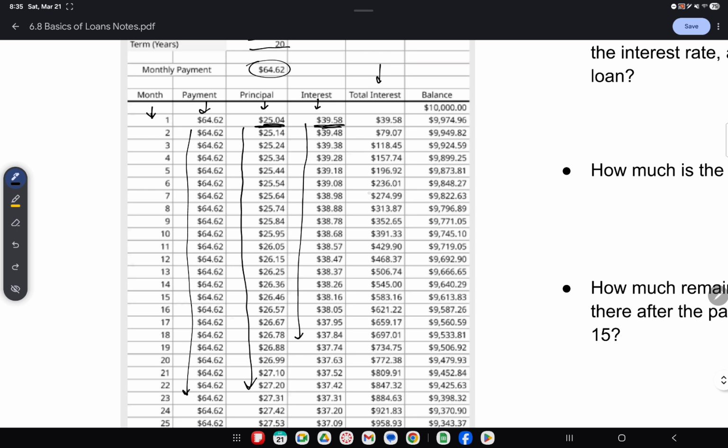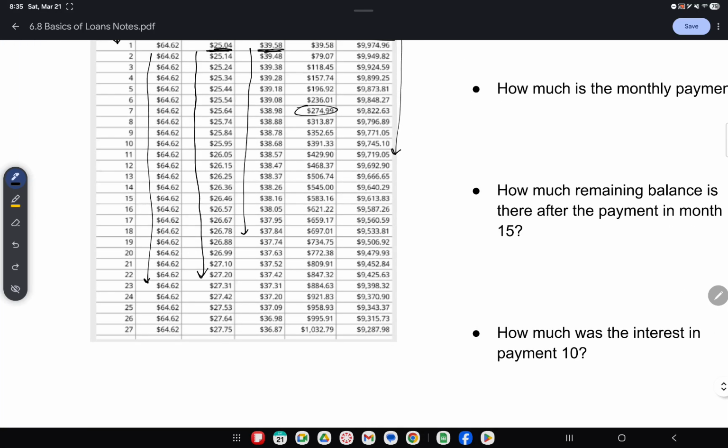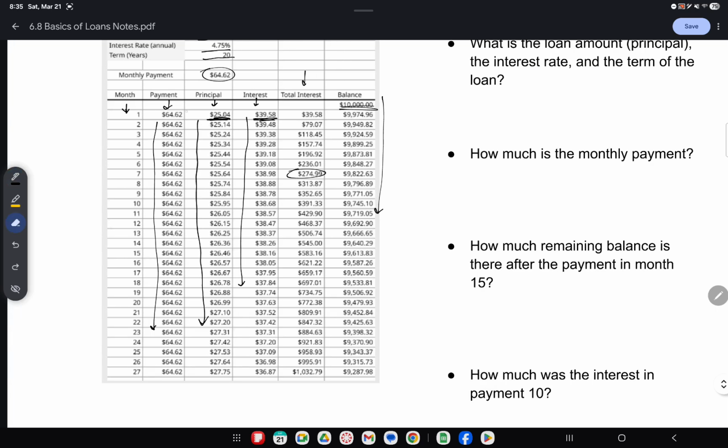So it's not that right here, I'm just picking a random line, that you are paying $275 in interest in that month. It's just that over the course of the loan, you have paid $275. And then it keeps a running balance of how much you owe off that original $10,000. Okay? This stops, but it would keep going until it's paid off.